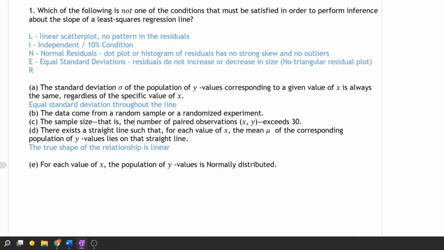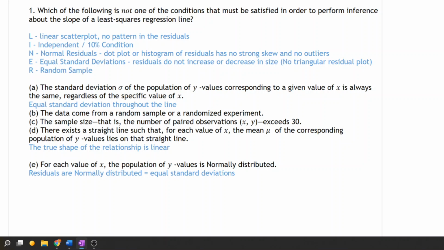So taken together, letters A and E are both about the equal standard deviation condition. So both of those are going to be true.